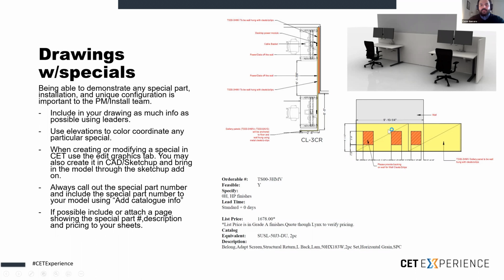If this yellow, they're able to see it and represent it more than this 3D rendering, then awesome. I would like to call things out as well. So, for example, this yellow is this gallery panel, which is TS003HMV. I have it called out there. Called out that we'll need special blocking for Z-clips or cleats in these locations.